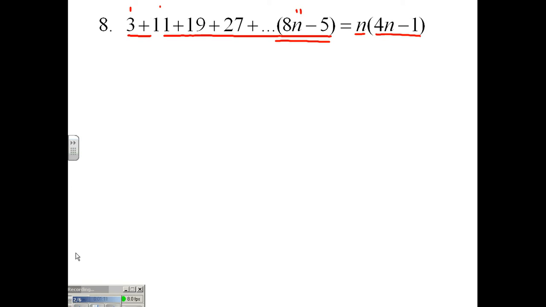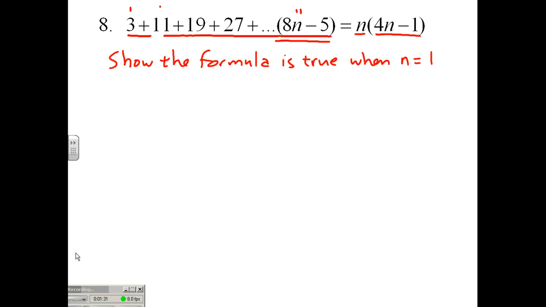As we spoke on the dominoes, the first thing we need to do is show that the first domino falls. That equates to this. We need to show the formula is true when n equals 1. That may be the easiest part of our job.